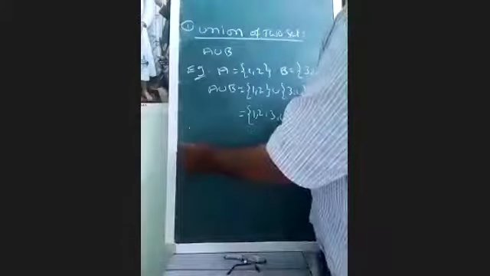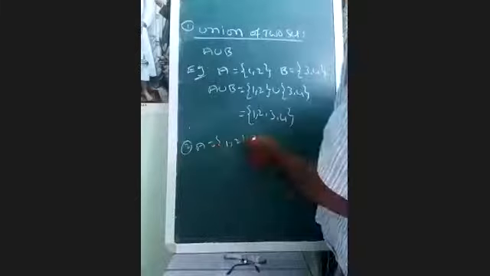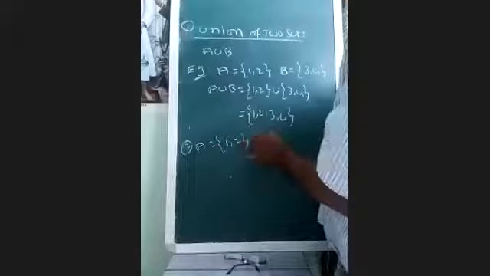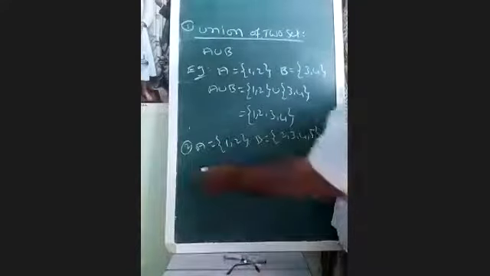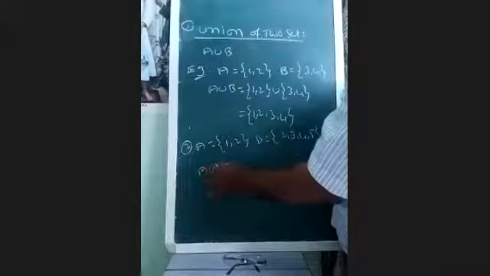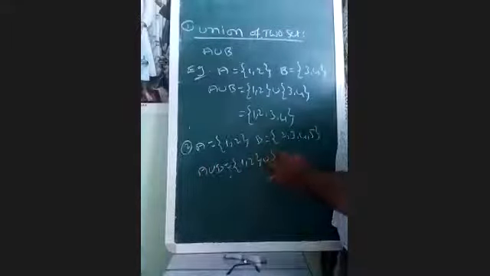Another example. A is equal to {1, 2}. B is equal to {2, 3, 4, 5}. A union B is set of 1, 2 union set of 2, 3, 4, 5.